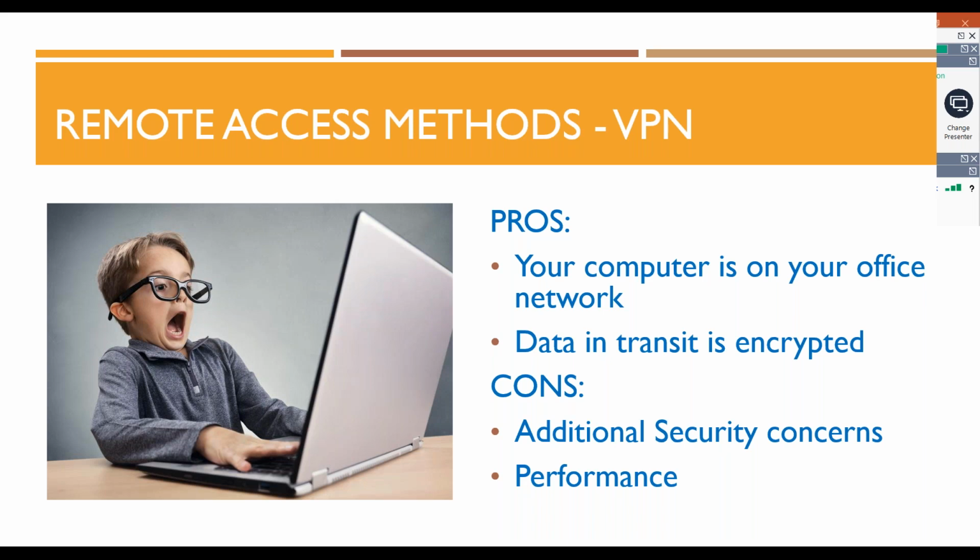And then, as we talked about, performance may suffer because you're opening full files and transferring full files back and forth, right? So those are the pros and cons of the VPN.